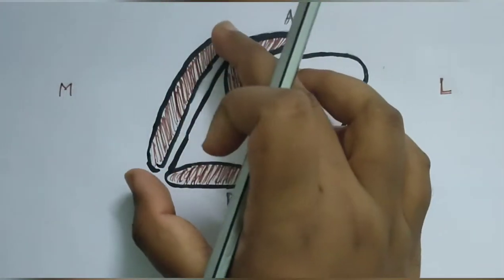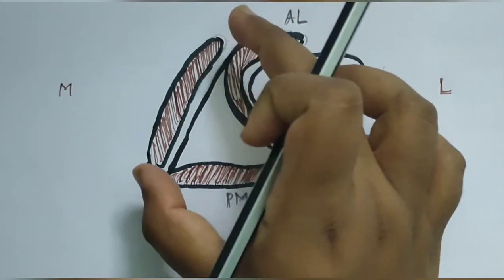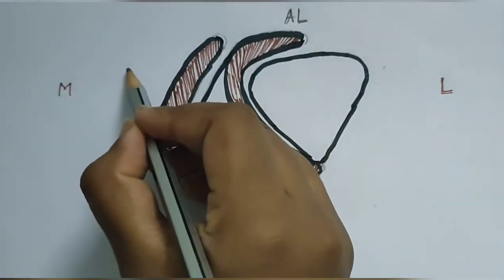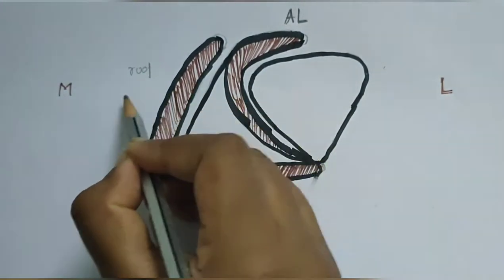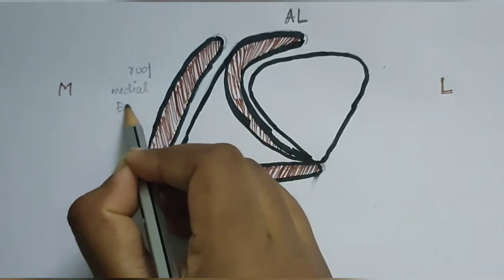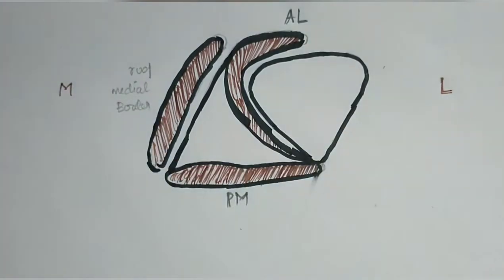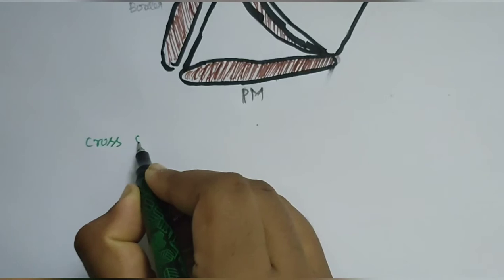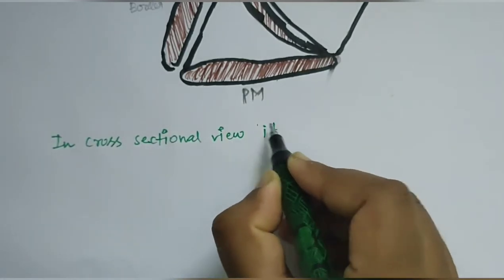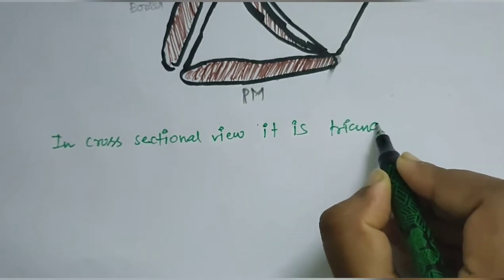This is acting as the roof and also the medial border. In cross-sectional view, it is triangular in shape.